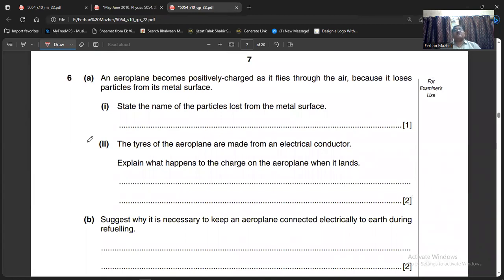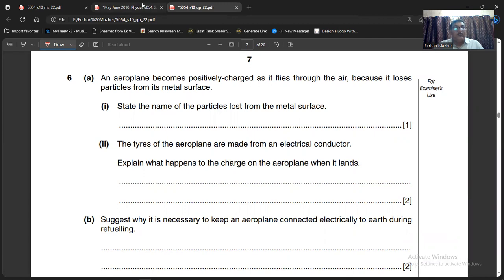Then he says, question number 6a, second part, the tires of the aeroplane are made from an electrical conductor. Explain what happens to the charge on the aeroplane when it lands. So when it lands, because its tires are conductors, and the body of the aeroplane has become positively charged, when the tires touch the ground, electrons will be transferred from the ground to the body of the aeroplane and it will be neutralized.